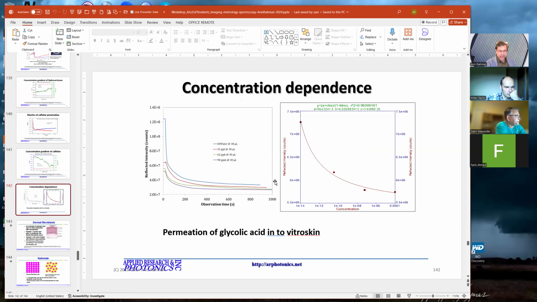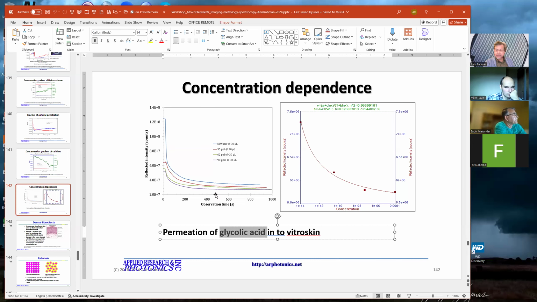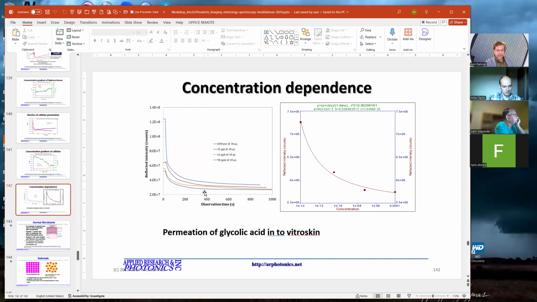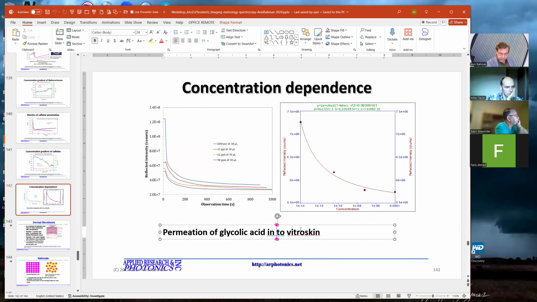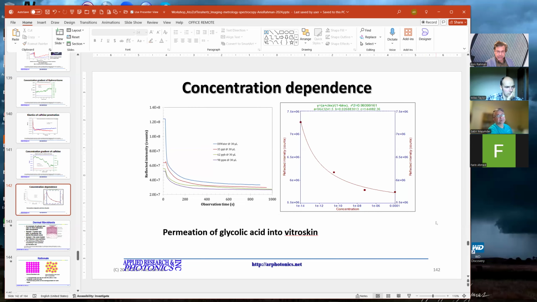We have one example, not caffeine or PEG, but this glycolic acid example. If you vary the concentration, the kinetics vary, as well as the gradient, which we have not measured yet. Okay, sure. Thank you. Absolutely.